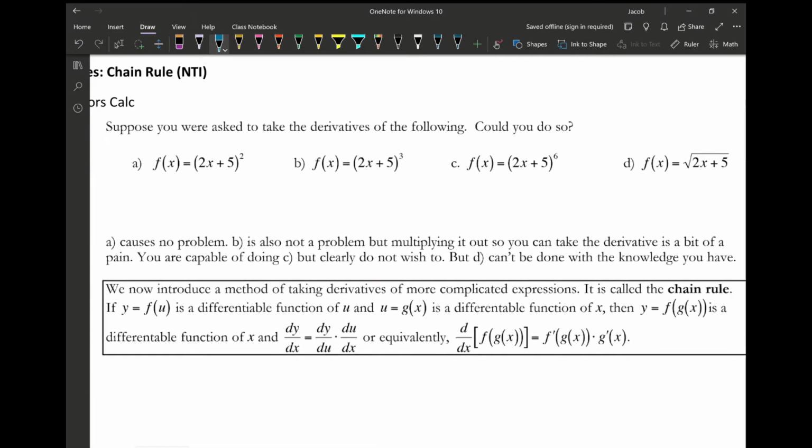The answer for these first three is yes, you could. You'd have to multiply it out first, and it would just take increasingly more time to multiply out 2x plus 5 to the 6th and so on. And then you could take the derivative with the power rule.